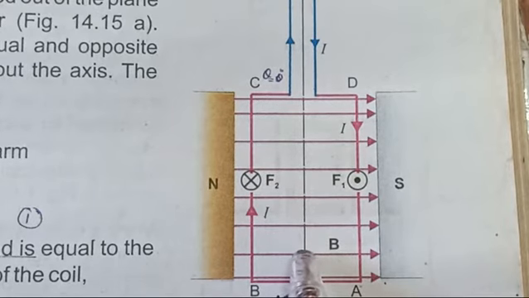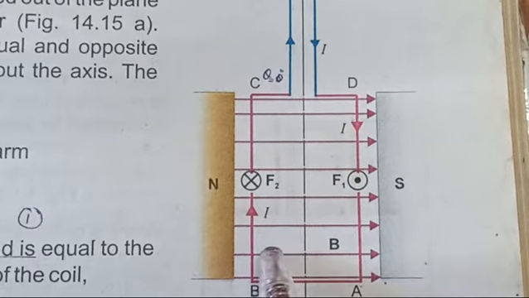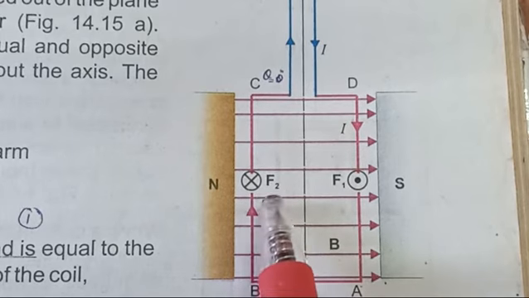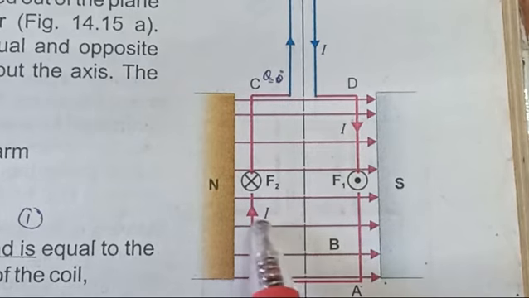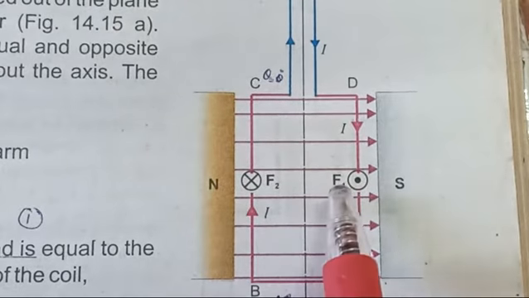So now we have learned about force in the last topic. Yes, can you tell me what is the force formula? F is equal to ILB sin theta. I is the current passing through it, L is the length of this conductor and B is the magnetic field.